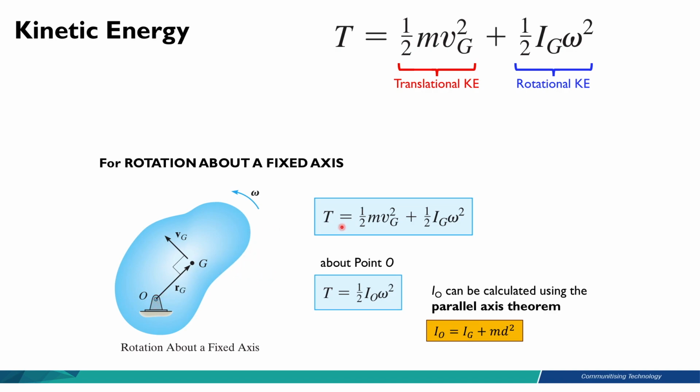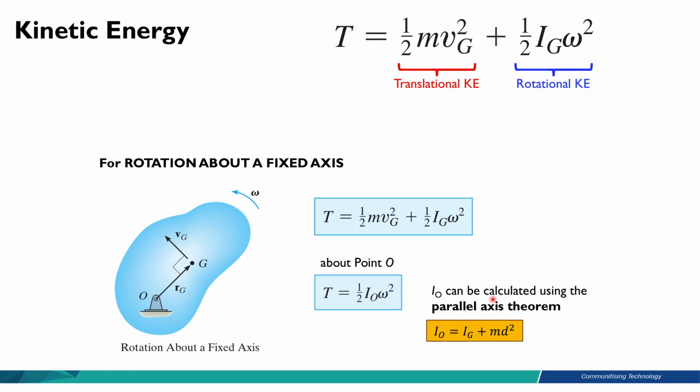If we calculate the kinetic energy about center of gravity G, we will have both translational and rotational terms. In the case we calculate the kinetic energy about point O, we need to calculate the value of IO. IO is the mass moment of inertia of the rigid body about the center of rotation.